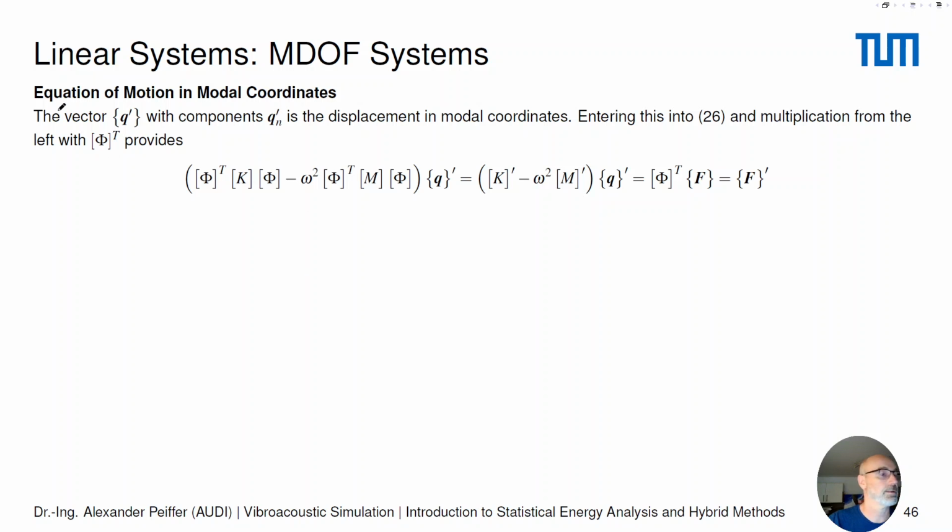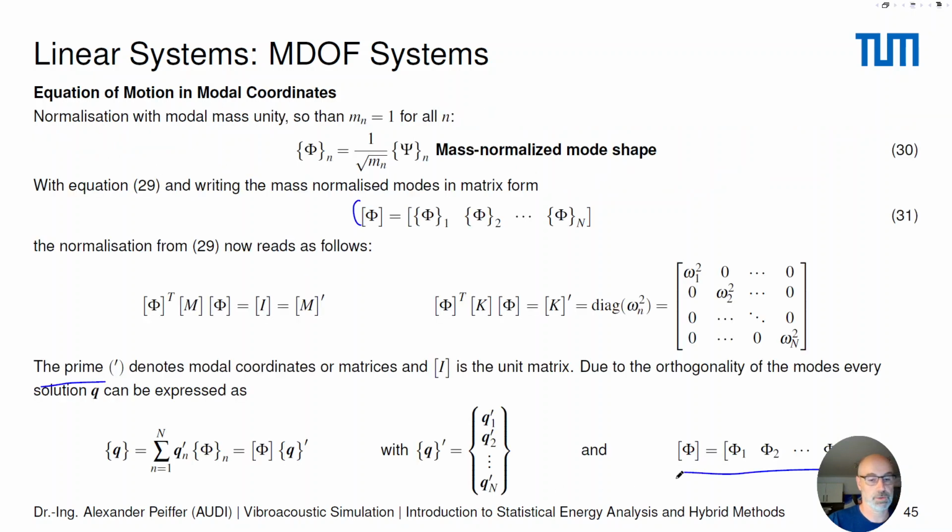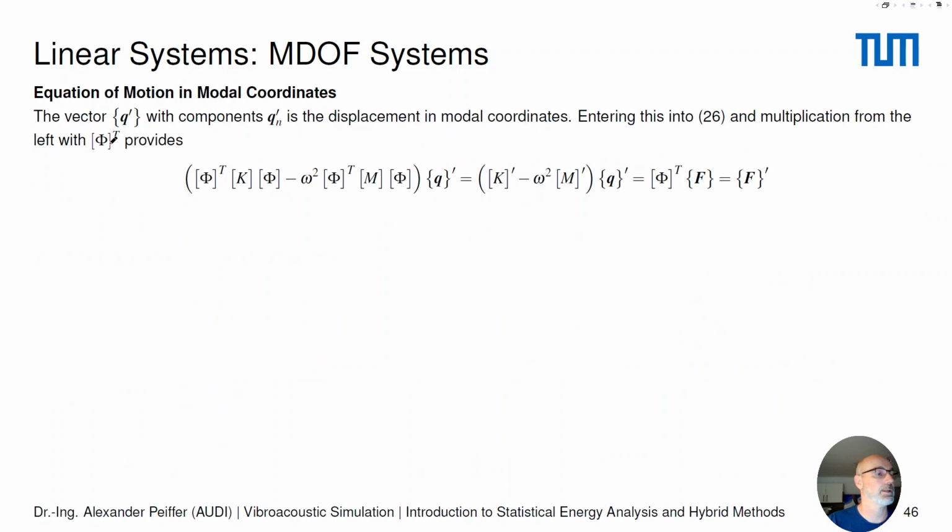So first of all, we enter this expression into our equation of motion, and then we multiply from the right-hand side by the transpose of the modal transformation matrix, and then our equation of motion would look like this. So this is the result that we get from entering this for Q, and this is from the right multiplication.